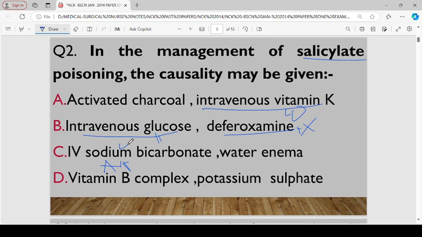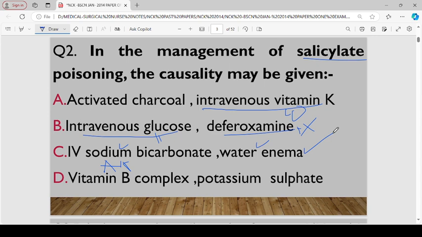Enema is going to lead to rapid excretion. In doing so, it is going to reduce the absorption of this substance. So that can also reverse the poisoning effects of the salicylate, and this makes it a correct answer for consideration.